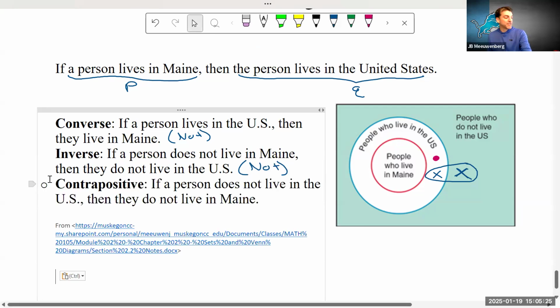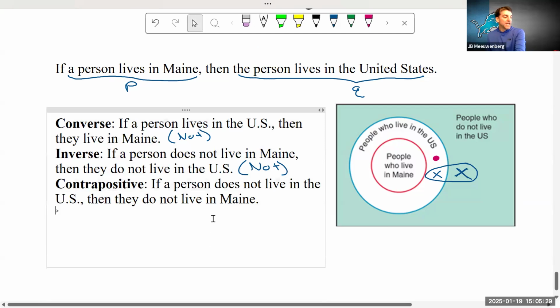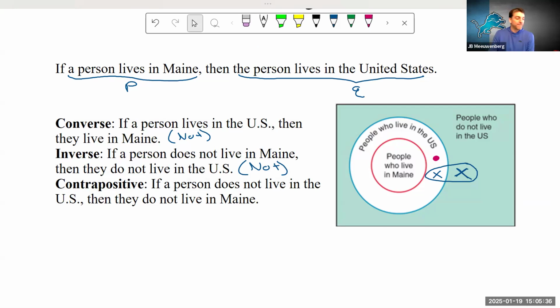So the contrapositive should look like this. If a person does not live in the US, then they do not live in Maine. Can we see if that's true or not? Well, look at the Venn diagram.